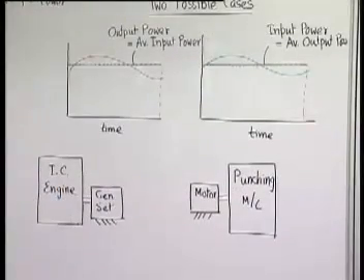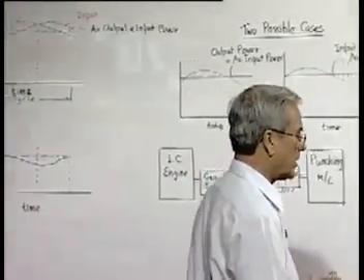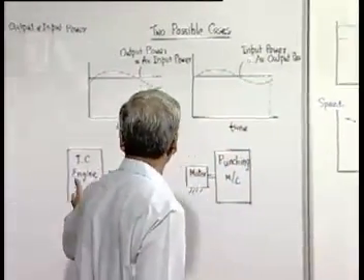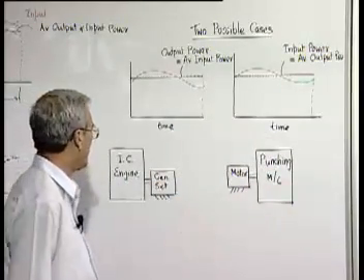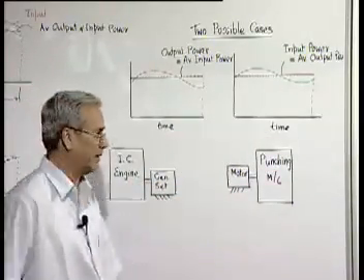So, we will first take up the most commonly encountered situation, that is an engine driving a mechanical system, either a pump or a generator set or a machine or something.